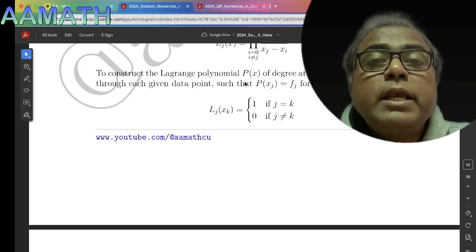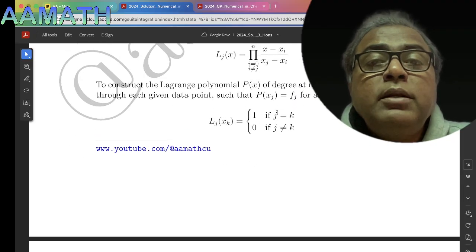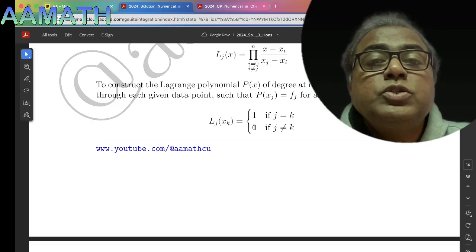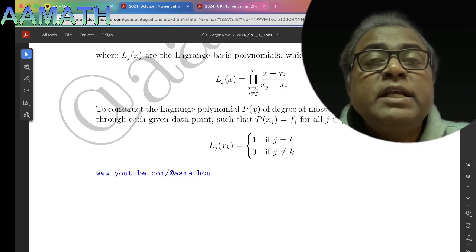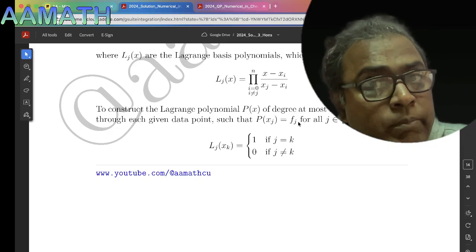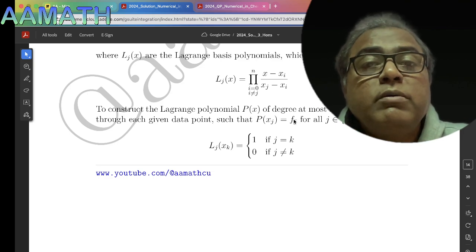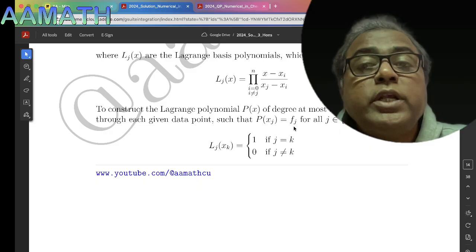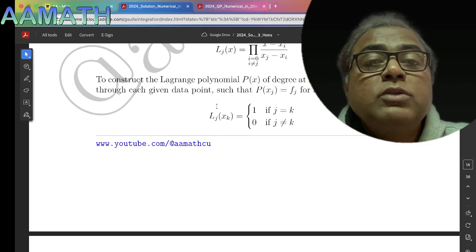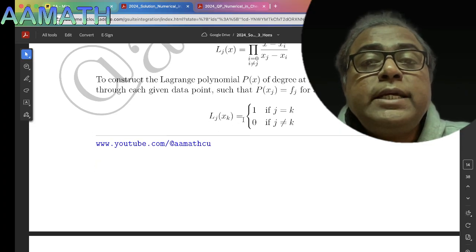Lj of xk equal to 1 if j equal to k, and equal to 0 if j not equal to k. So this Lagrange's polynomial Pxj gives exactly the functional value fj for the data points x0, x1, x2, up to xn. And so this is the Lj xk.